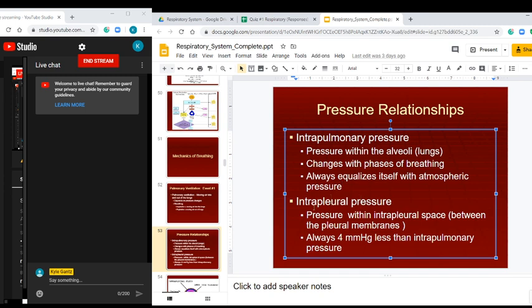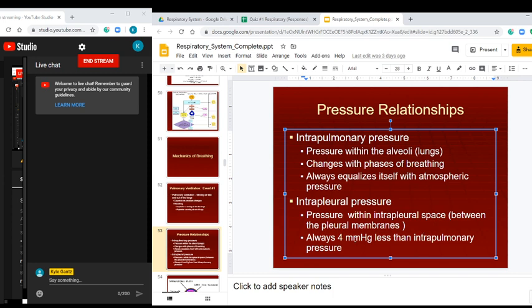So now we have the pleura, we have the space, the pressure within the space between the membranes, the visceral and the parietal, so the space between the lung itself and the thoracic cage, that space is always 4 millimeters of mercury less than intrapulmonary pressure.